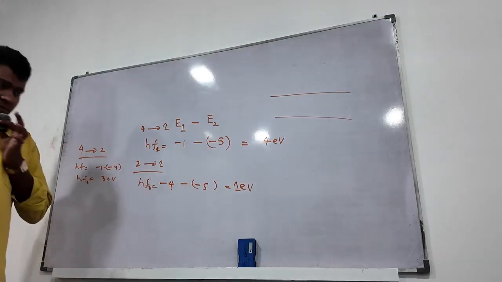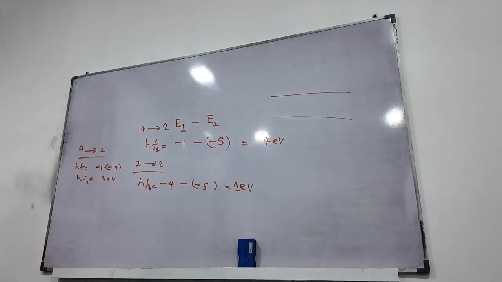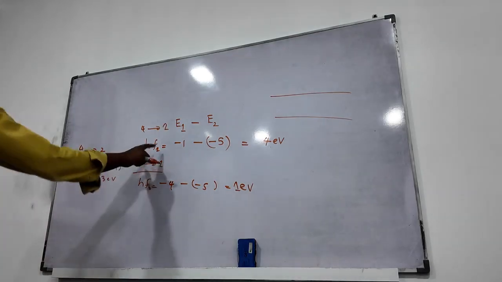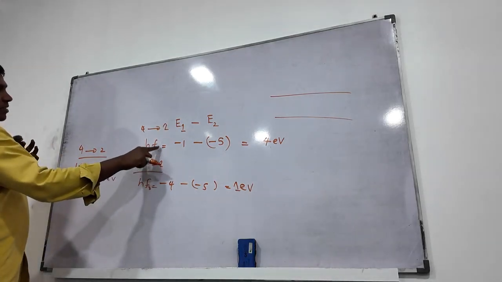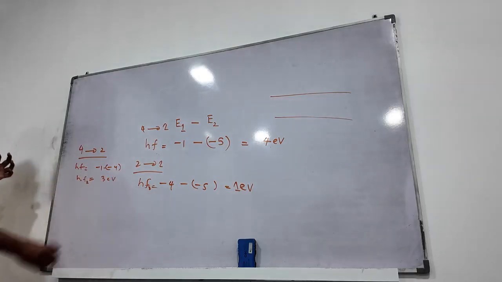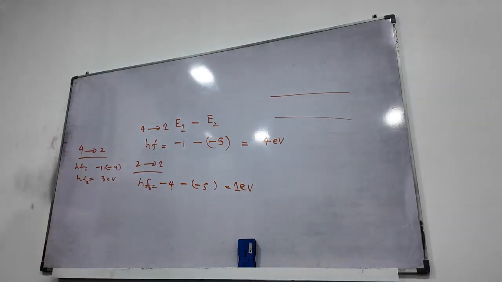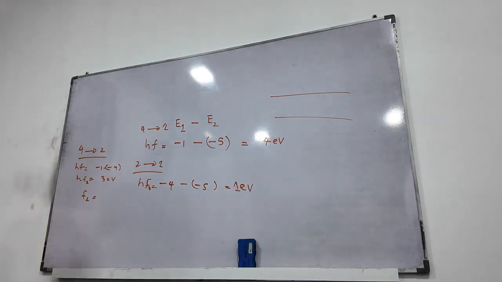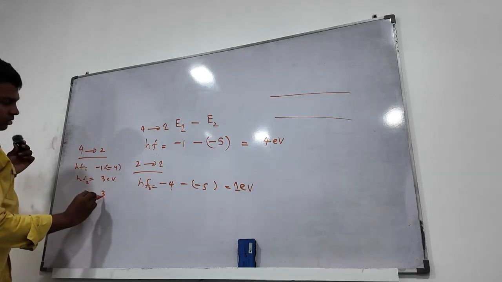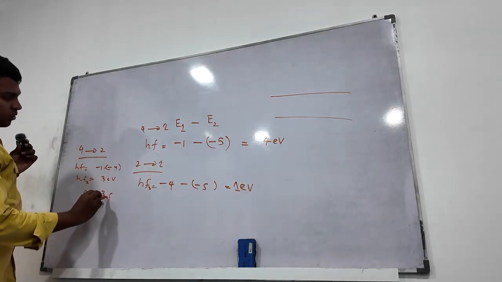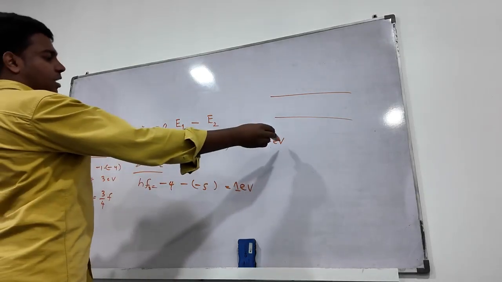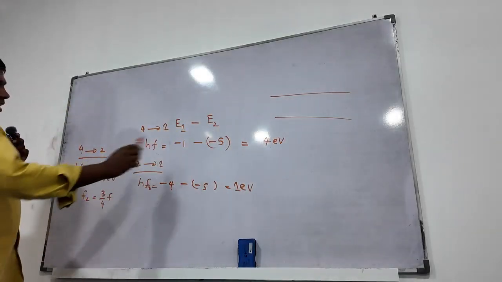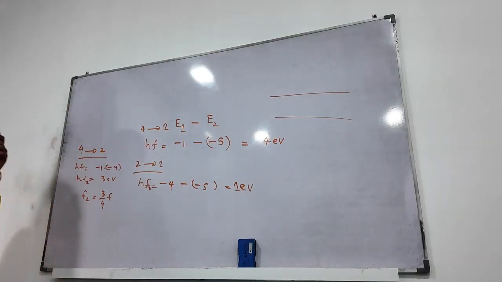Take this as F3. I want to equate everyone to F1, this common F. How can I equate? Can you understand? This F2 will be equal to 3 over 4 F. Why? For 4 electron volts, divide by 4 and multiply by 3, we get 3 electron volts.